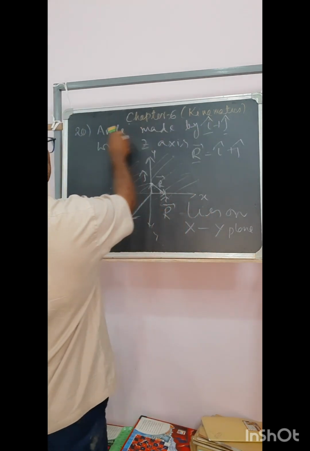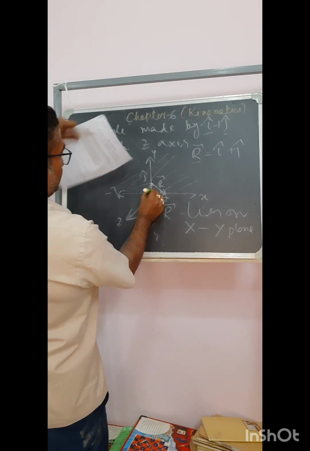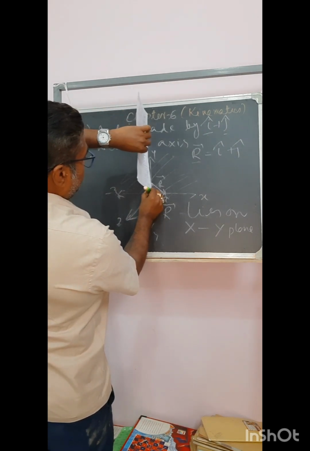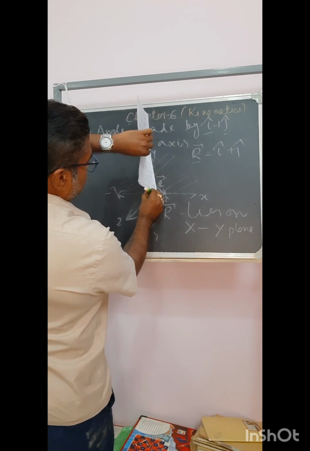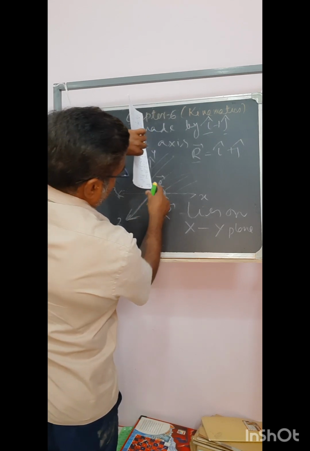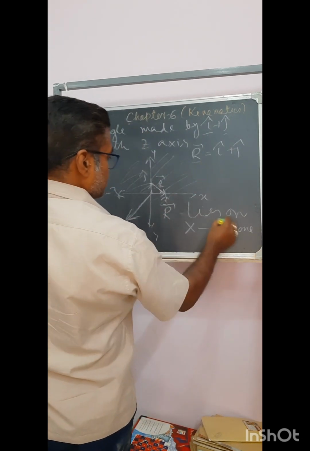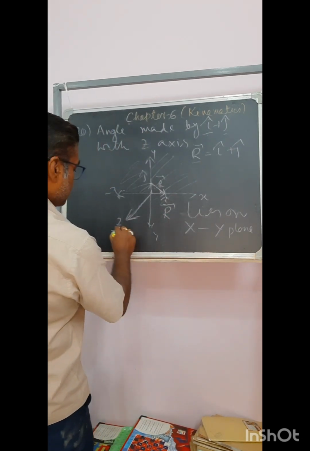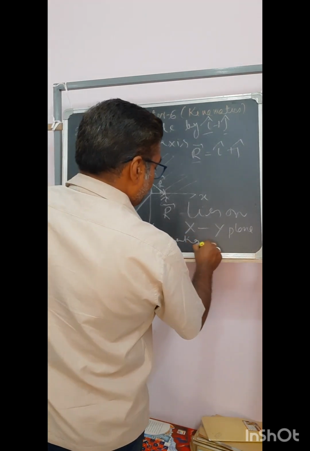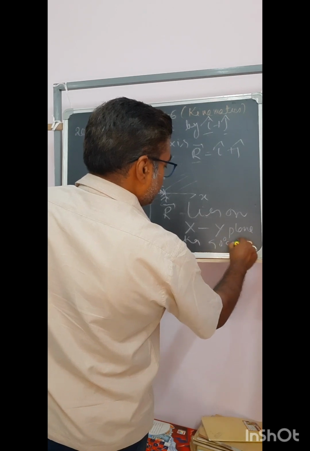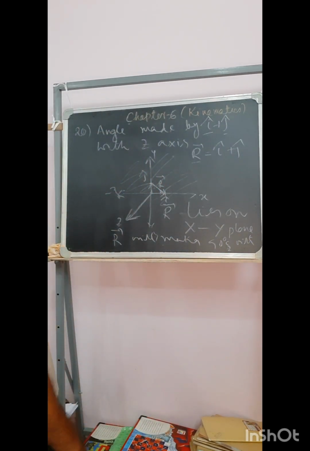If I say this is the xy plane and this is the z axis, then any vector in the plane forms 90 degrees to it. Whether it is along x, minus x or minus y, this will form 90 degrees. So this resultant also will make 90 degrees with the z axis. This will be your answer, nothing else.